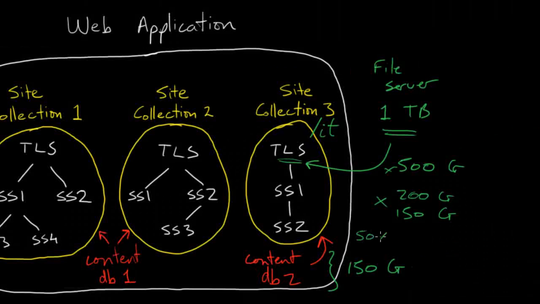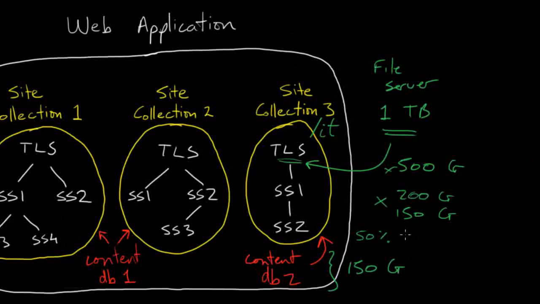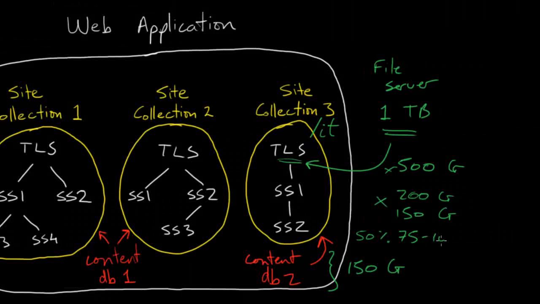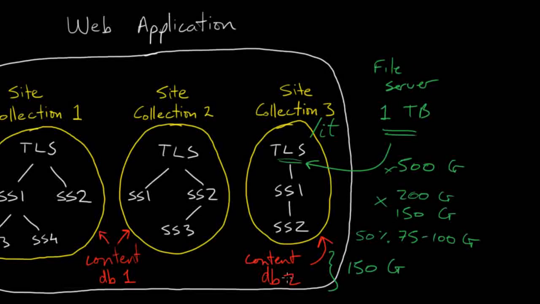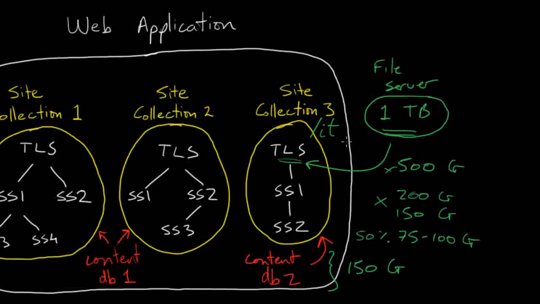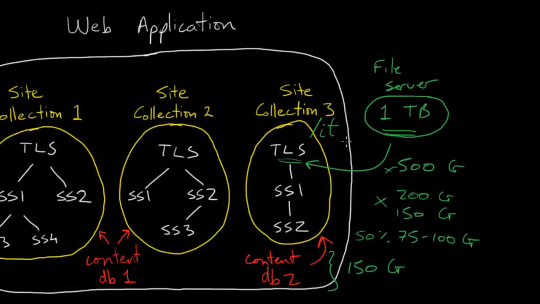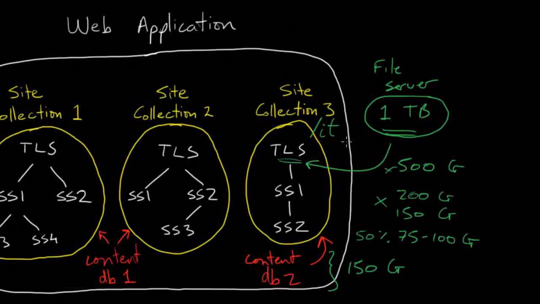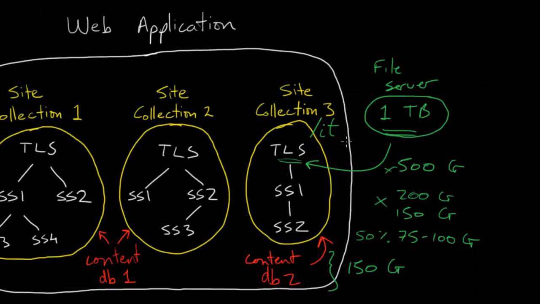But even if we choose something like 50%, in order to have breathing room, in this case we're talking approximately 75 to 100 gigs of content per site collection, because a site collection has one content database attached to it. So even though we're talking about 1 terabyte of data that we want to bring in through to one particular top level site, we could not do that. The only thing that we could do in theory is to create 10 content databases, but each one of them are going to have separate URLs.